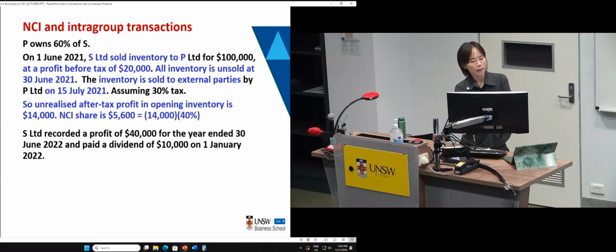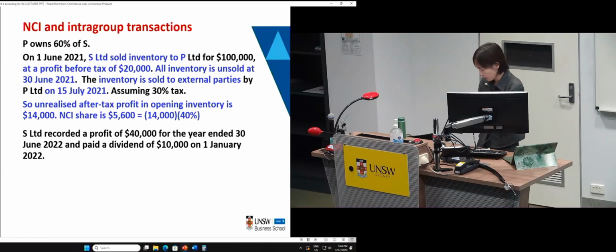So the opening balance of retained earnings for Us Limited contains this unrealized profit resulting from the prior year sale of inventory from Us to P. The after-tax unrealized profit contained in opening retained earnings will be 14,000. So your elimination entries start with a debit to retained earnings, 14,000.